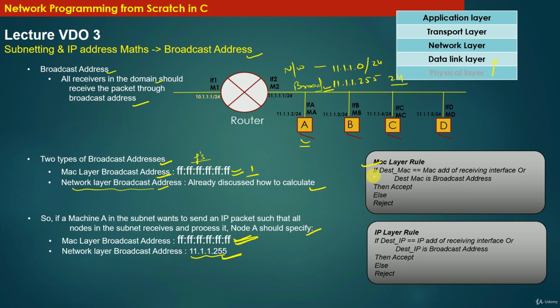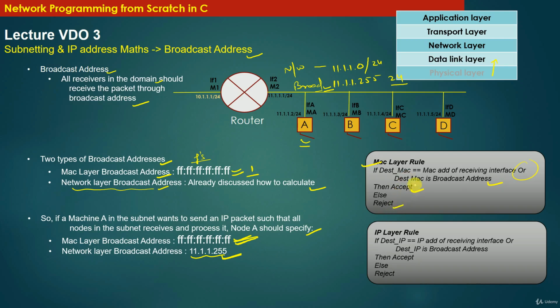The MAC layer rule says that if the destination MAC address in the packet is equal to the MAC address of the receiving interface, or the destination MAC address is a broadcast address, then the data link layer accepts the packet. If this criterion is not met, the data link layer rejects the packet.